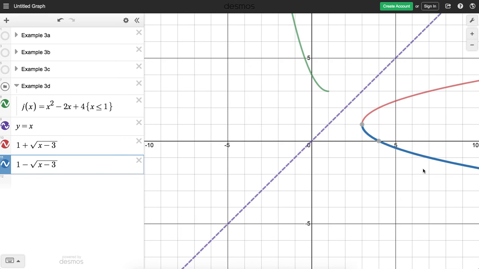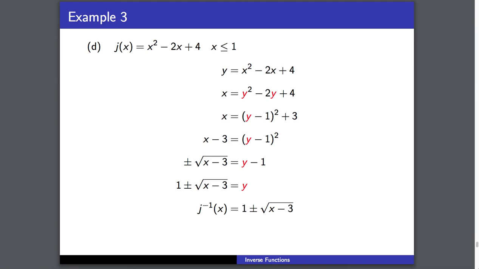And in terms of visualization, if we test out the graph in red, notice that this graph in red is not a reflection across this line for the original function we had. However, the graph in blue is a reflection across that line. So looking at what we actually have as our inverse, plus versus minus, with the 1 plus or minus there, it's actually 1 minus the square root of x minus 3.